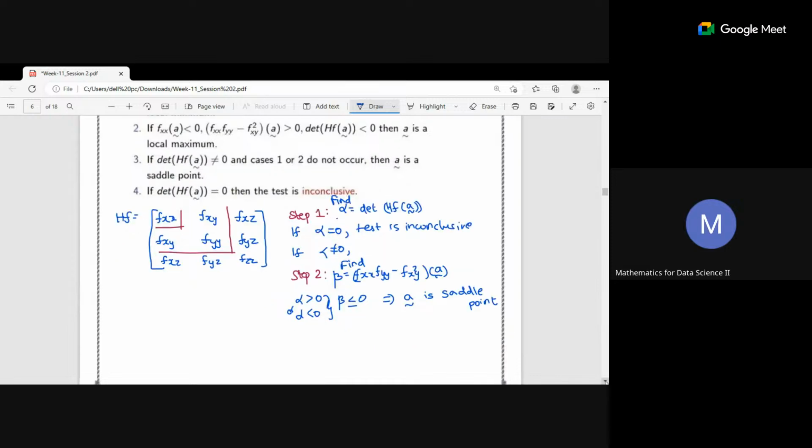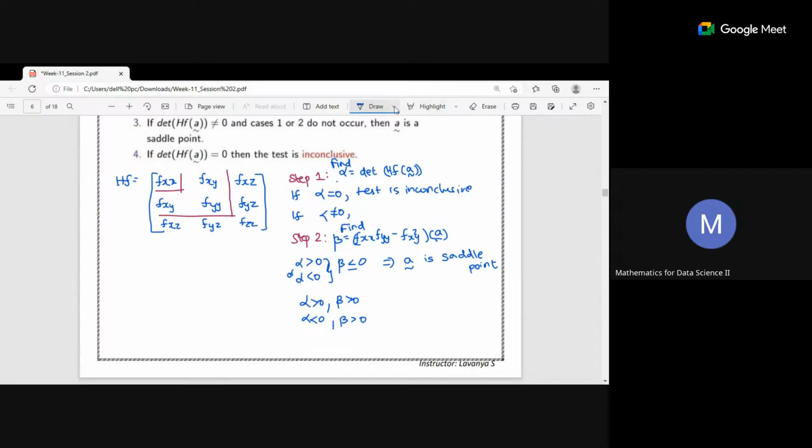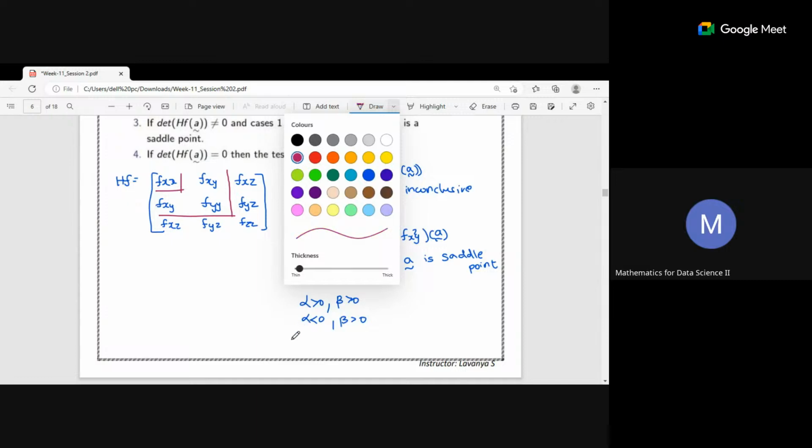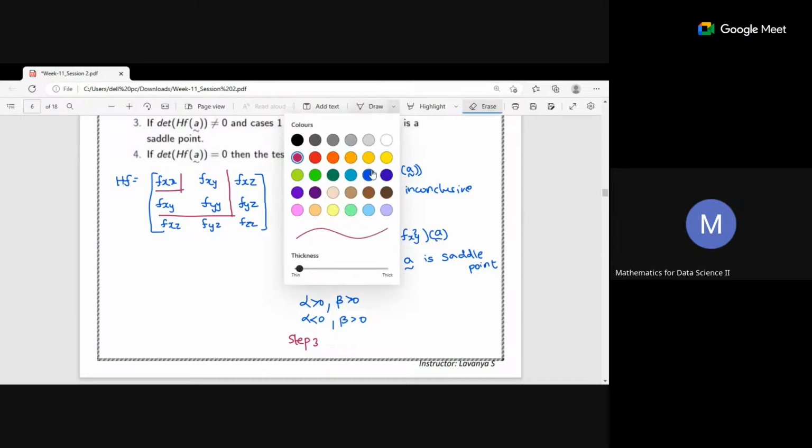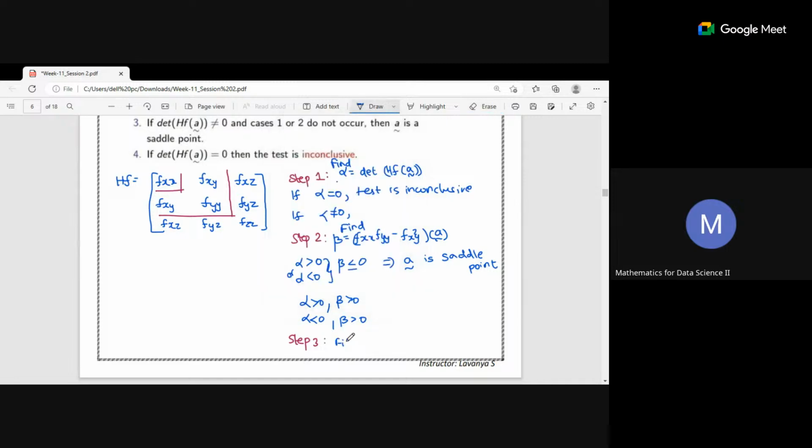And if alpha is positive and your beta is also positive, and if your alpha is less than 0 and your beta is positive, then go to step 3. Step 3, you find fxx at A tilde.